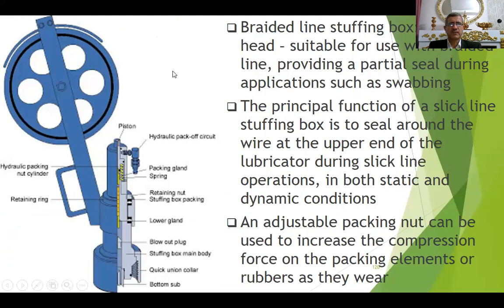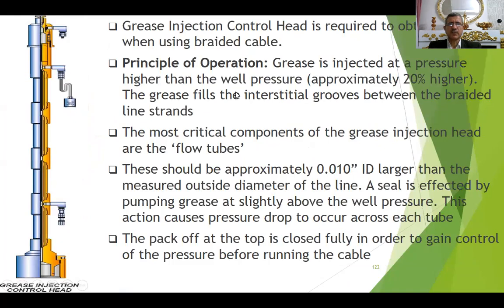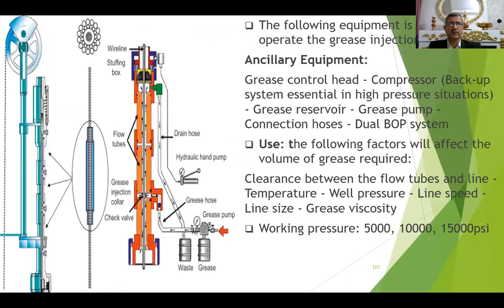This is a stuffing box for braided line, with a hydraulic line wiper to clean the line. We have the grease injection head also, or flow tube. We can see how many flow tubes.